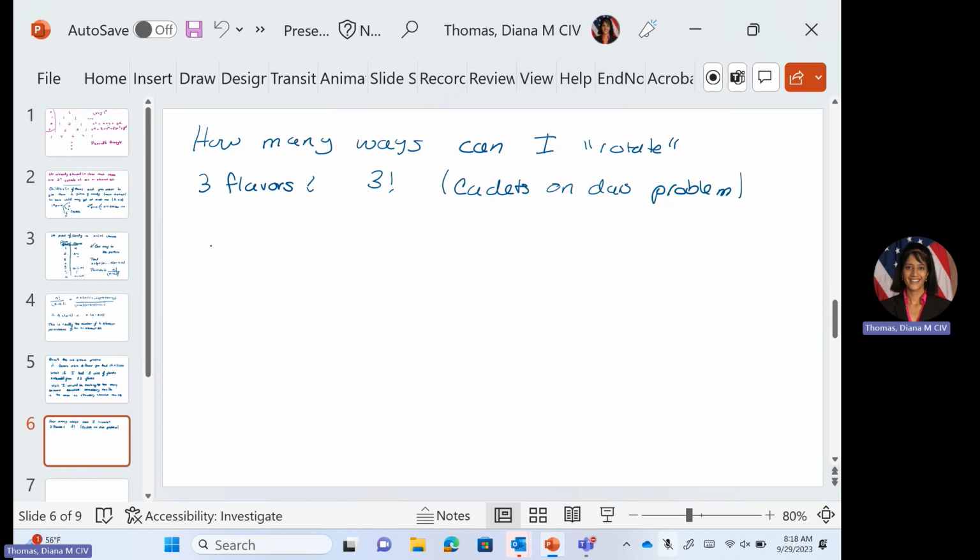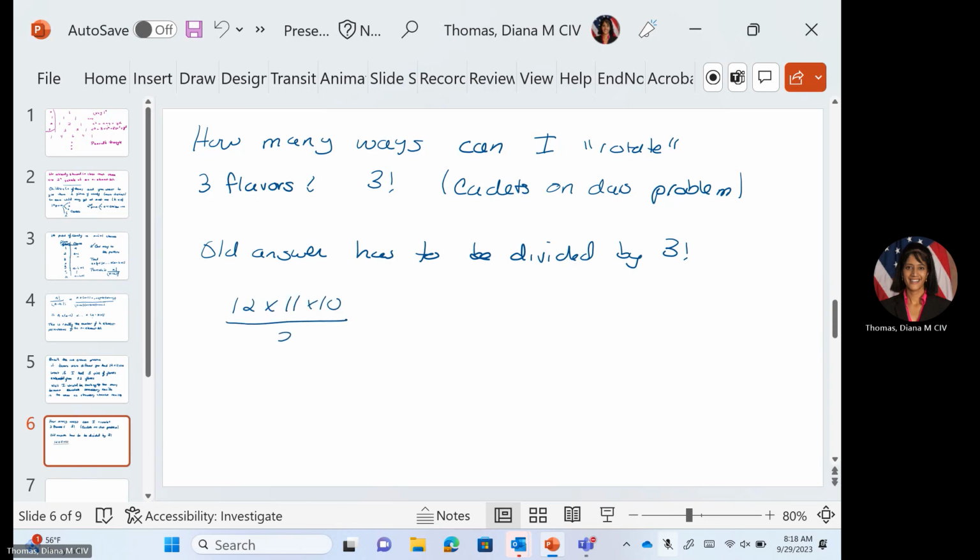So your old answer has to be divided by 3 factorial. Well, you can do the math. It's 220 ways. These numbers turn out to be pretty big, fast. By the way, that's 12 choose 3.